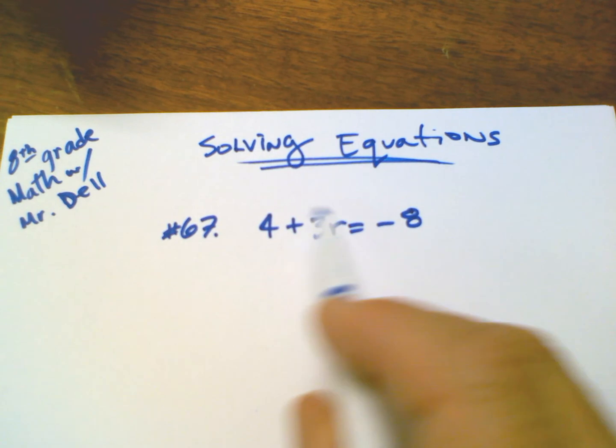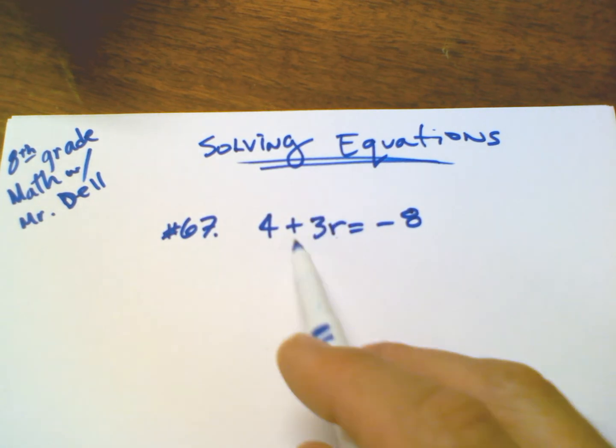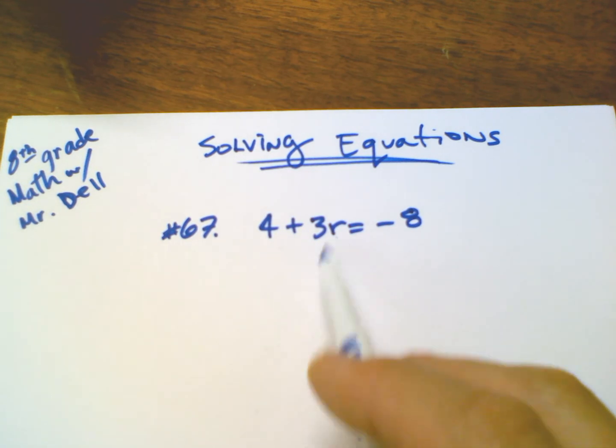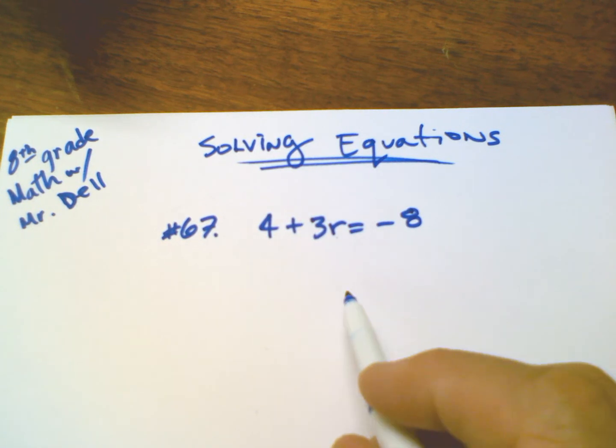With this, it's possible to just start playing around and do a guess and check, where you start throwing numbers into the R to determine what would make it true.